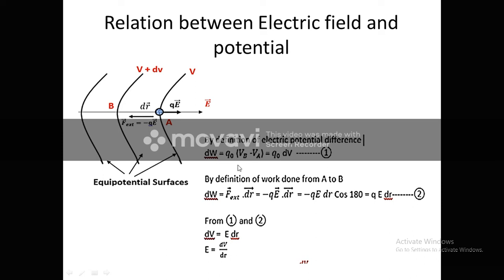So Q naught is that test charge, okay, and delta V means the difference of the voltages. So this is equation number 1.